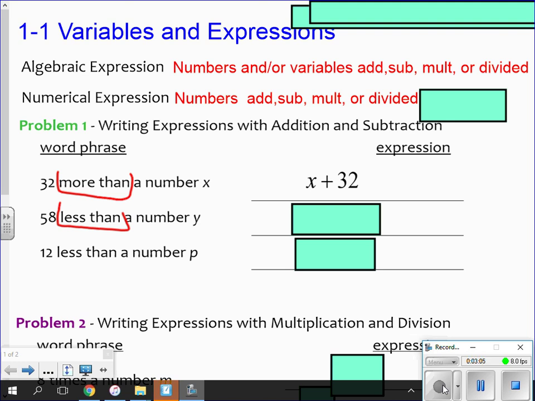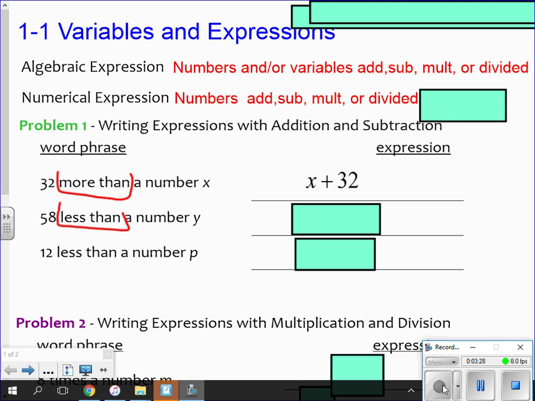Yeah, you can, but only because it's addition. If it's subtraction, order matters. Addition does not. Okay? Addition does not matter order. So I could have written 32 plus X, but really we want to follow the rules. We're starting with X, and we have more than that, so it's 32 more than that. Start with X and add 32 then.